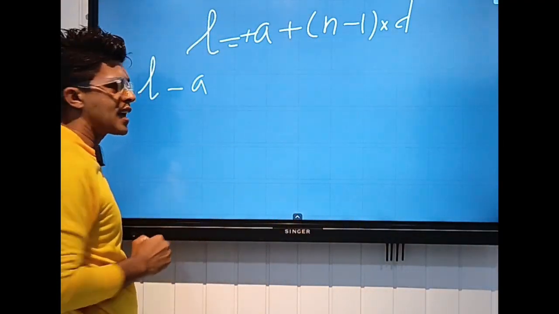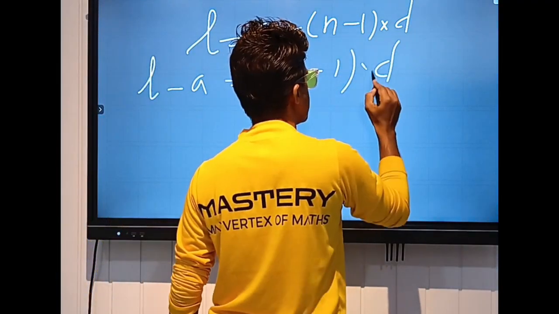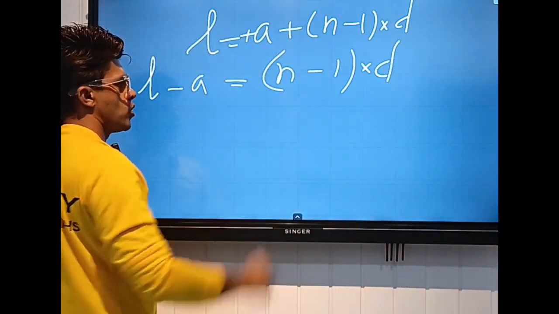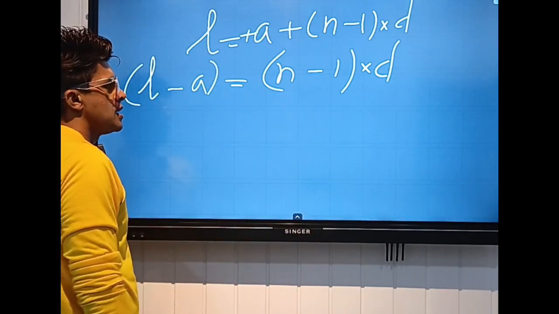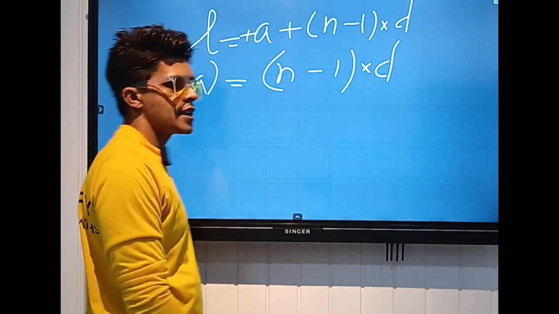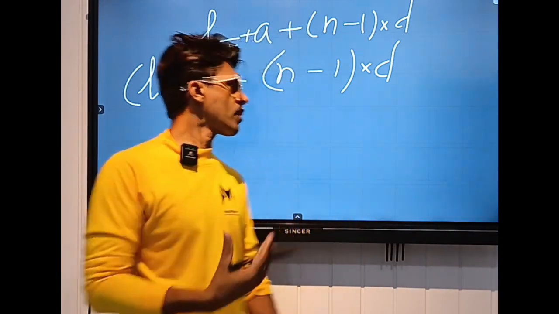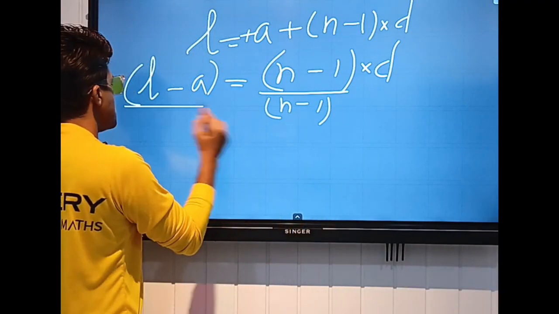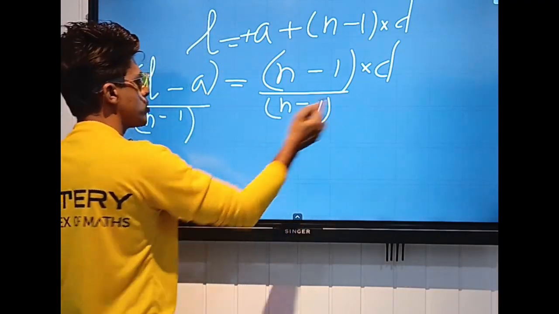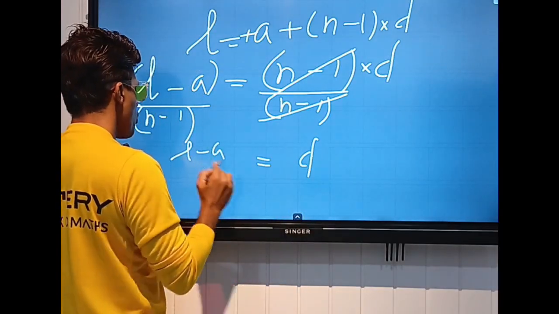This becomes negative. I'll write this one in a bracket. Since it is multiplication, we divide this side by n minus 1 and this side as well by n minus 1. Right now we can simplify, then D equals (L minus A) over (n minus 1).